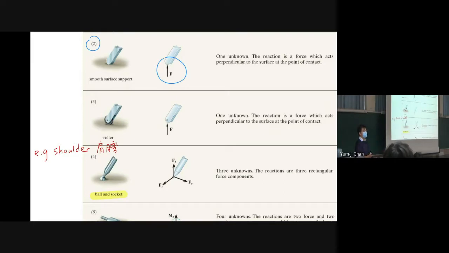It can rotate in all three directions, but it cannot move. It cannot translate. There's no translation in the three directions. So it means we don't have moments because it can rotate freely. It can rotate, but it cannot translate. So it means we have forces in three directions. This is our example number 4.